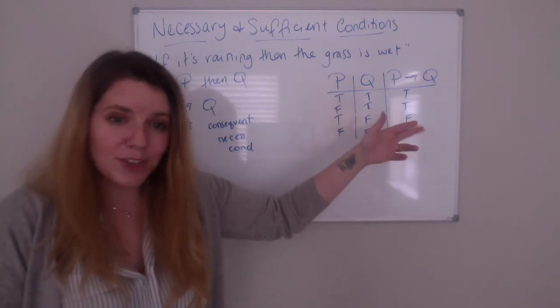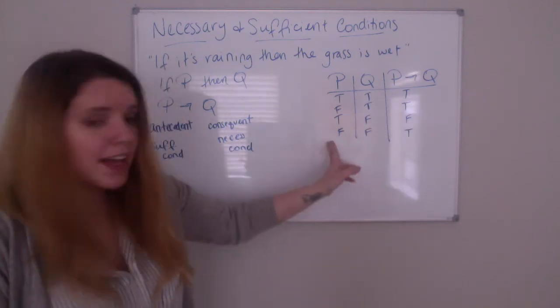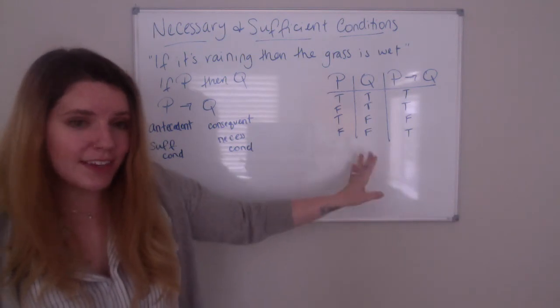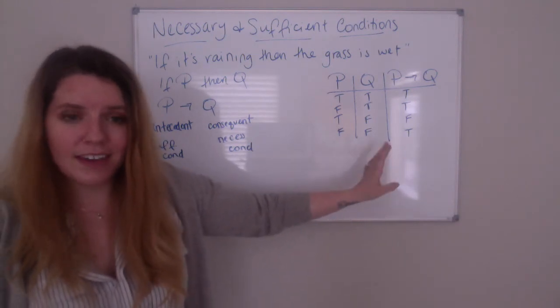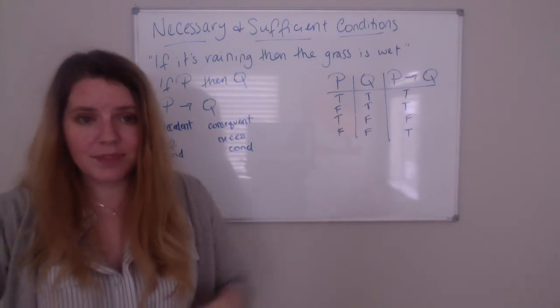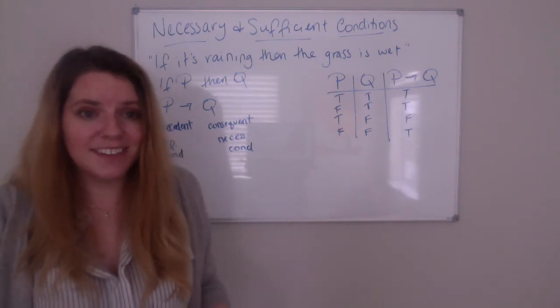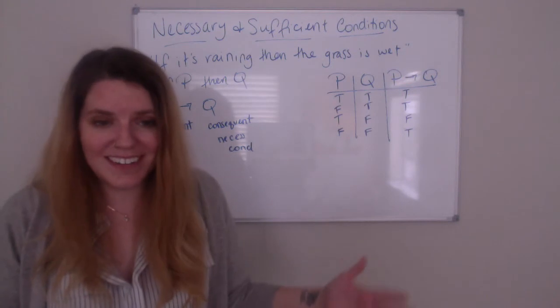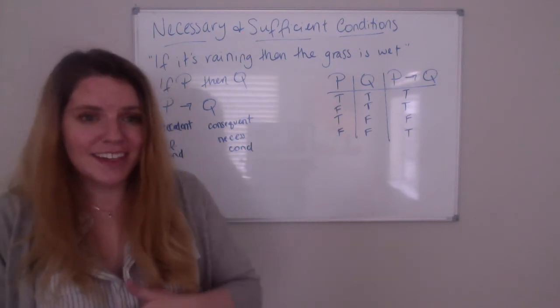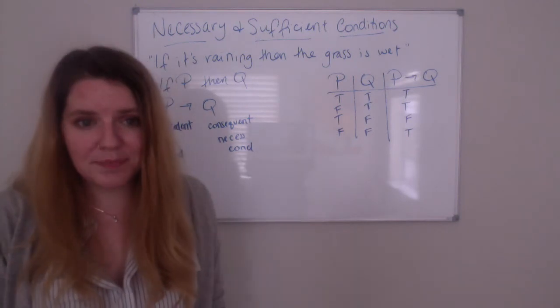Makes sense that our conditional is going to be true. It also makes sense that the conditional is going to be true even if the antecedent and the consequent are false. So remember, it could be something like it's sunny outside, so it's false that it's raining, and it's false that the grass is wet. But the conditional is still true. It's still true that when it rains, the grass gets wet.